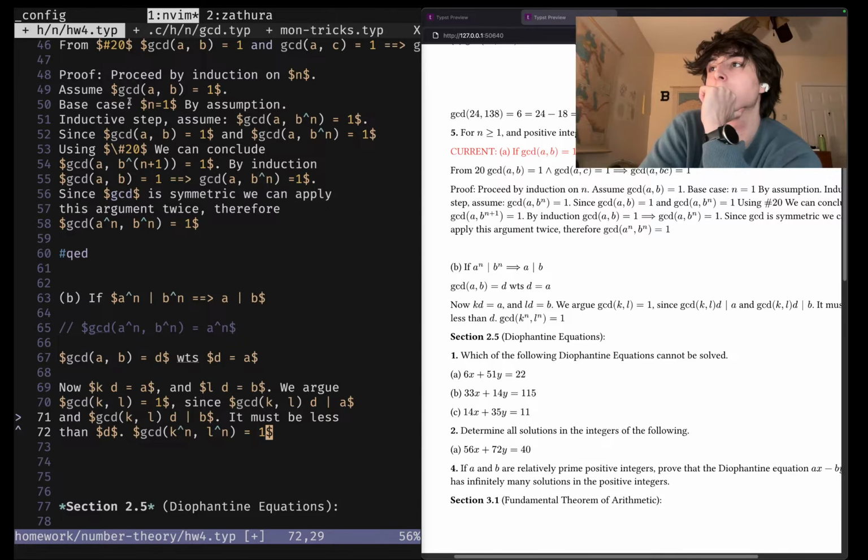Somehow, of course, we want to use our assumption that A to the N divides B to the N. Oh, I see what you're going for. Yeah, I mean, I don't see it myself that clearly yet, to be honest.